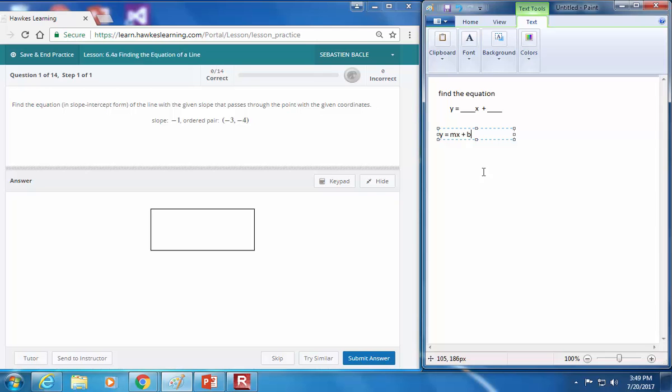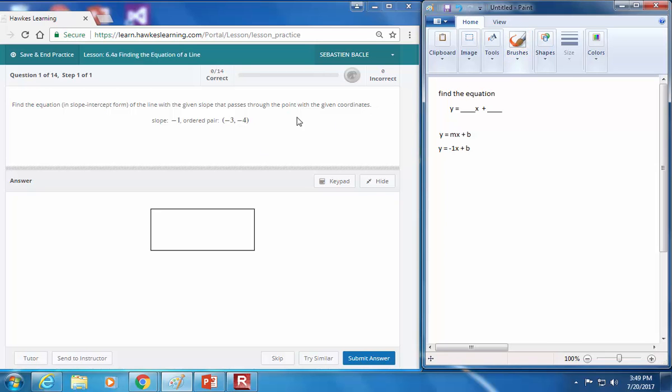They gave me a slope, so I can put that in. I don't have to use the slope formula to find it. And it's going to be y equals negative 1x plus b. I'm replacing my m with negative 1 because that's what they told me it is. Slope is always going to be the m. So m gets replaced with negative 1.